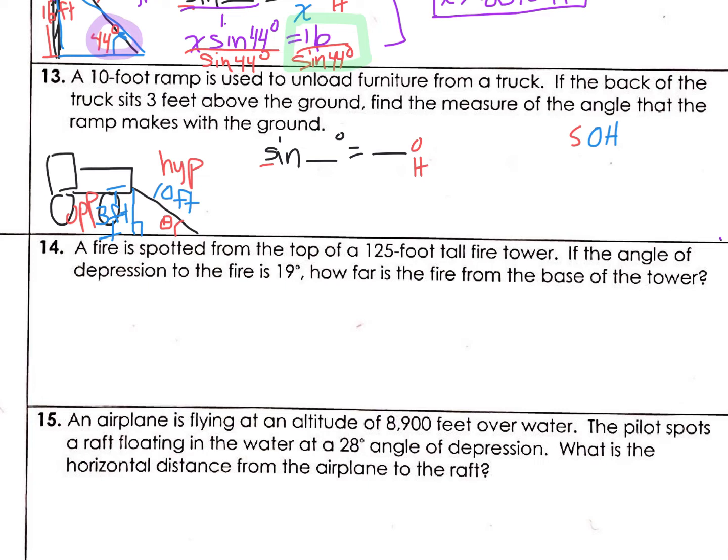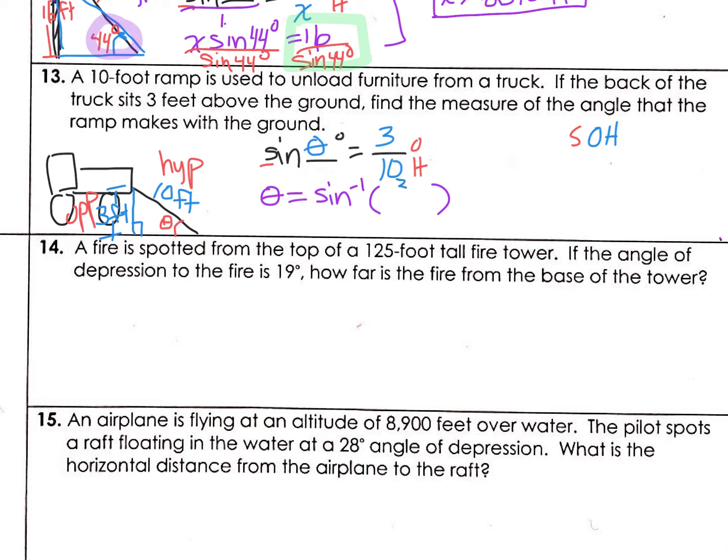And then we are going to put our values in there. So our value for our degrees is just theta. We don't know the degrees. And then opposite is 3. And hypotenuse is 10. So for this one, remember when you don't know the angle of measure, you have to use the inverse sine. So it's actually less work. So theta is equal to the inverse sine, and then big parentheses, and you're going to take this ratio and put it in here.